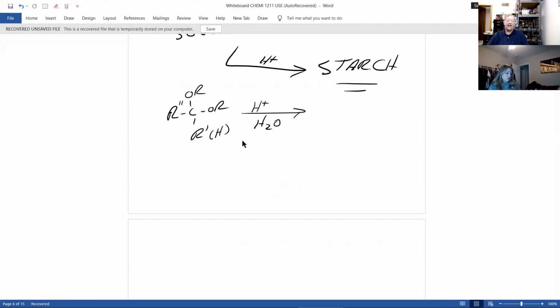If you take an acetal or ketal, react it with acid and water, what happens? If you take that, you get back the aldehyde or ketone you would have used to make that acetal or ketal, plus the alcohol you would have used.